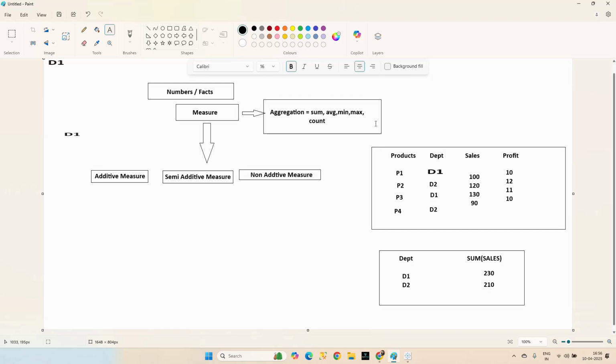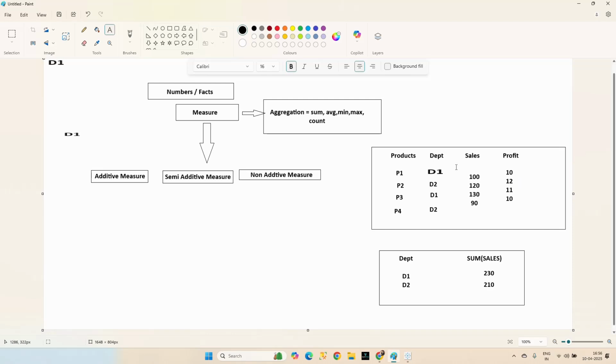So all these aggregations give meaningful output on sales, right? If you check profit also, sum of profit for D1 is 10 plus 11, 21, and for D2 is 12 plus 10, 22. So you get meaningful output, right?